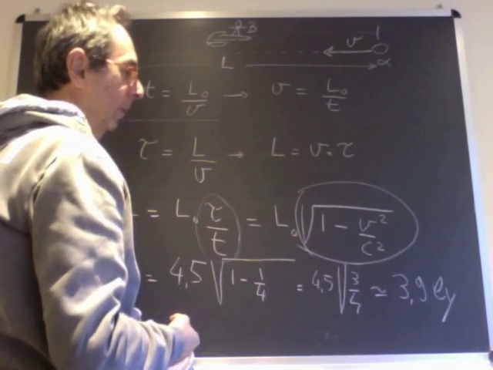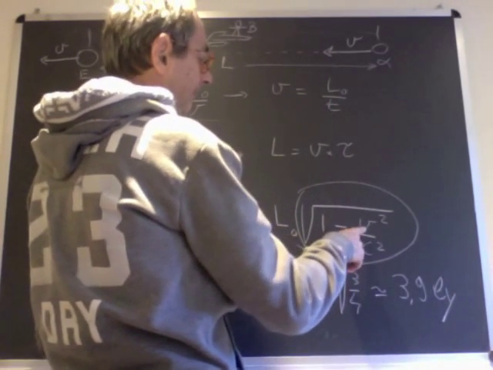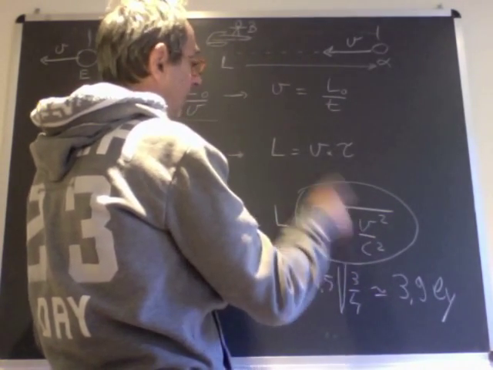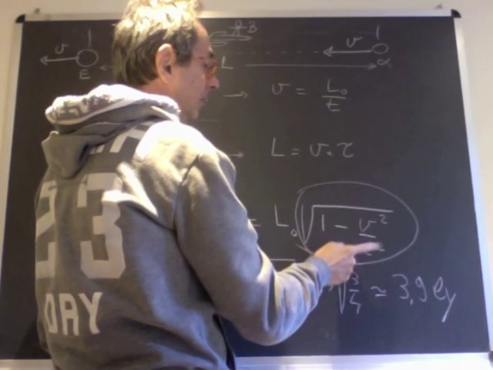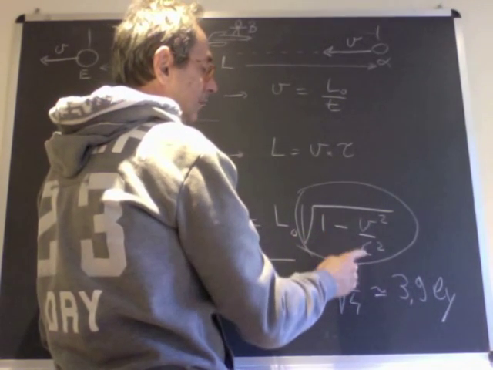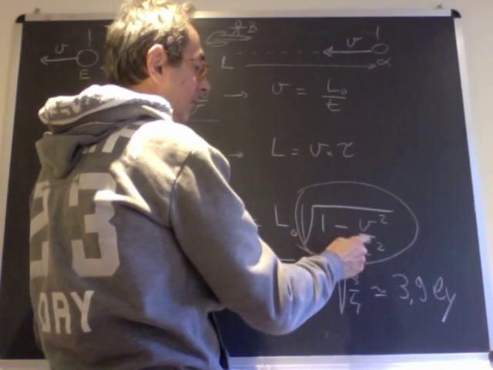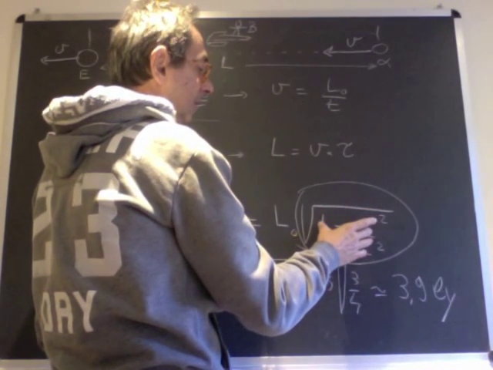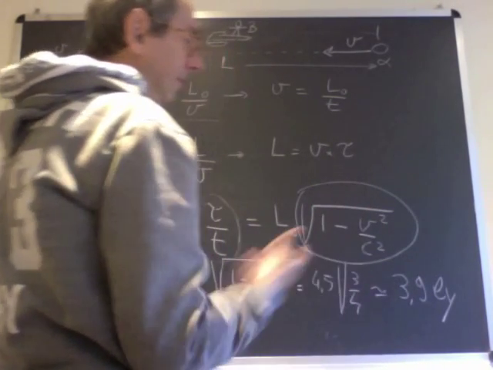I mean, it's just very, very small. On the other side, if the speed of our spaceship, of the moving object, is very near to the speed of light, this ratio is almost 1. 1 minus almost 1 is almost 0. The square root of almost 0 is just about 0.